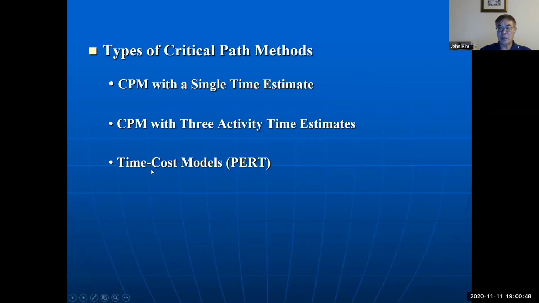If we have time and cost information about the project and each activity or task's cost, then we call that time cost models or PERT, program, evaluation, and review technique.